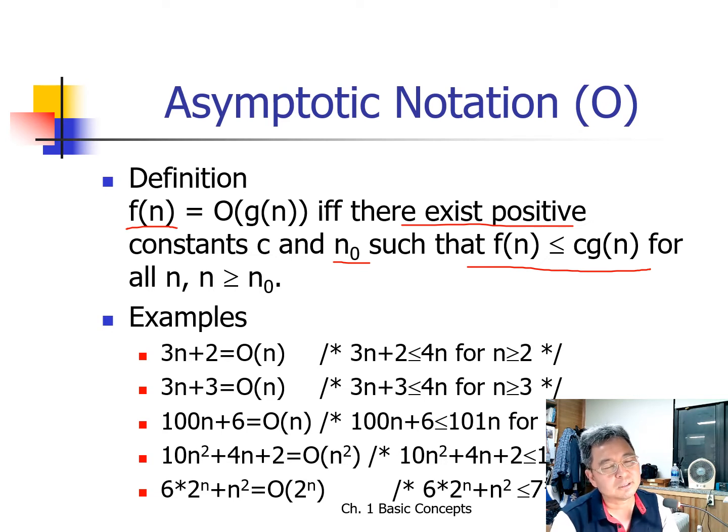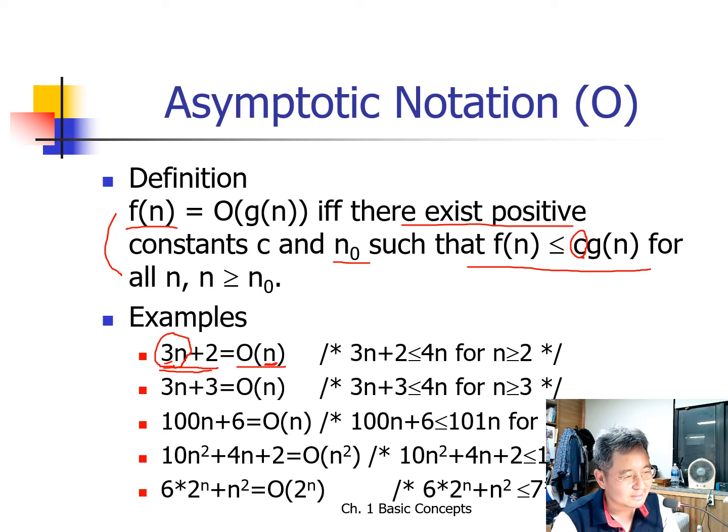Okay, so the coefficient c is not so important in the asymptotic notations. So that means that 3n plus 2 can be represented as big O n because this constant is not dominating. Dominating is here, and the coefficient 3 is not so important according to these definitions. So 3n plus 2 belongs to class n.